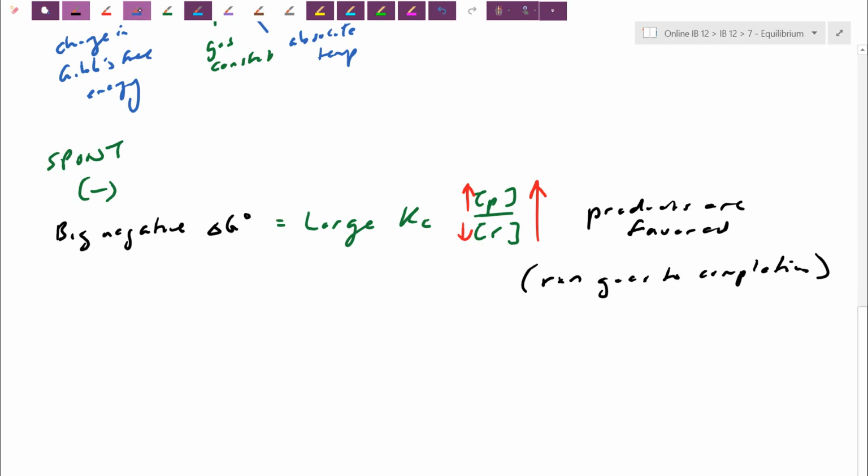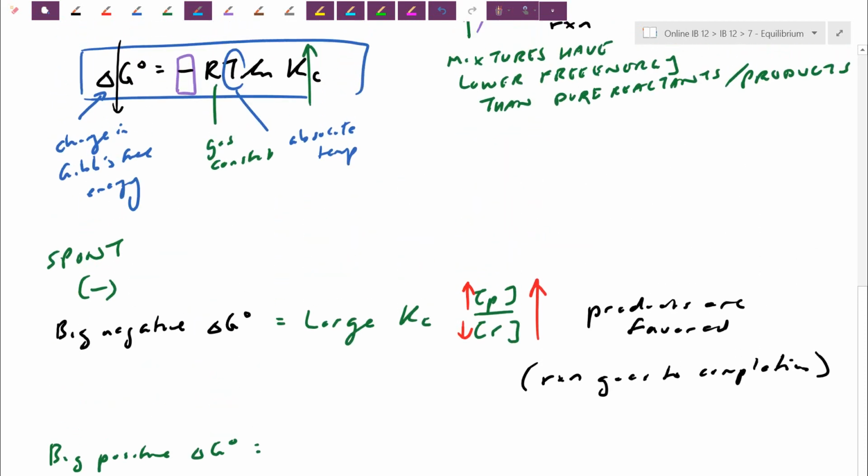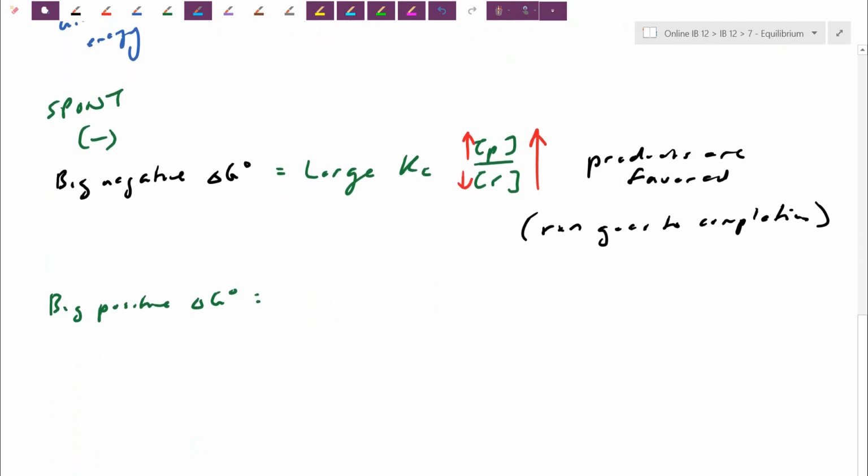What if I had the opposite way? What if I had the delta G where I want actually a big positive delta G? If I have a big positive delta G, well, first thing here, the logarithm term has to end up as a negative, so that negative becomes positive. The way for a logarithm term here to end up in total negative is when the Kc is actually a small Kc.